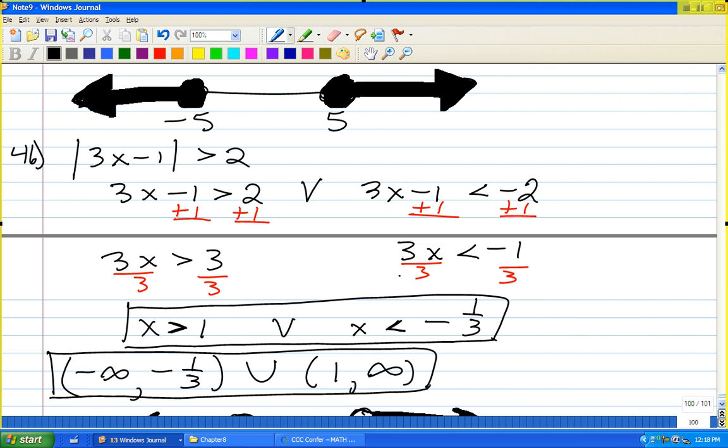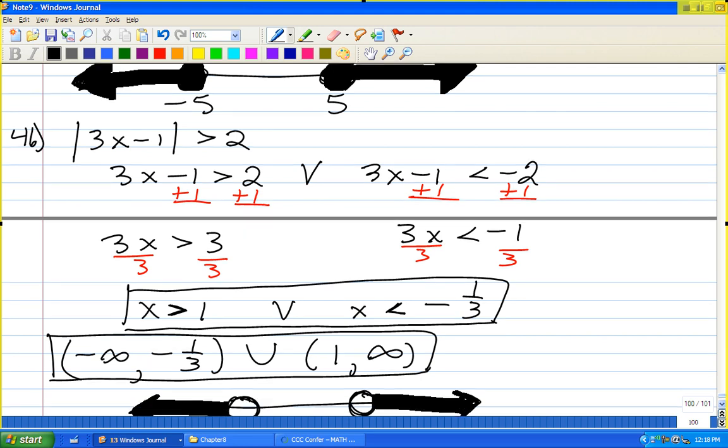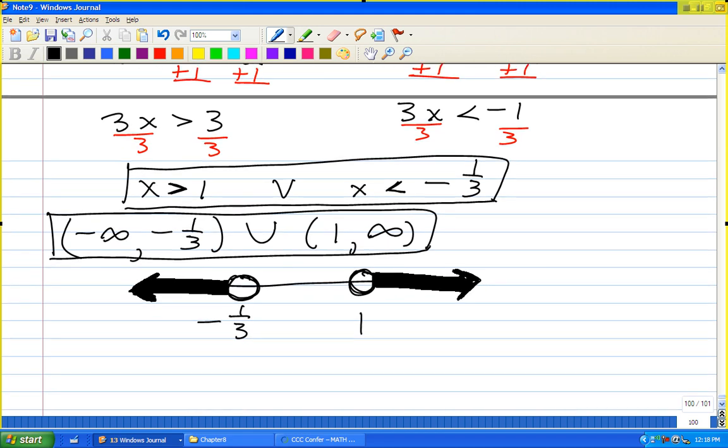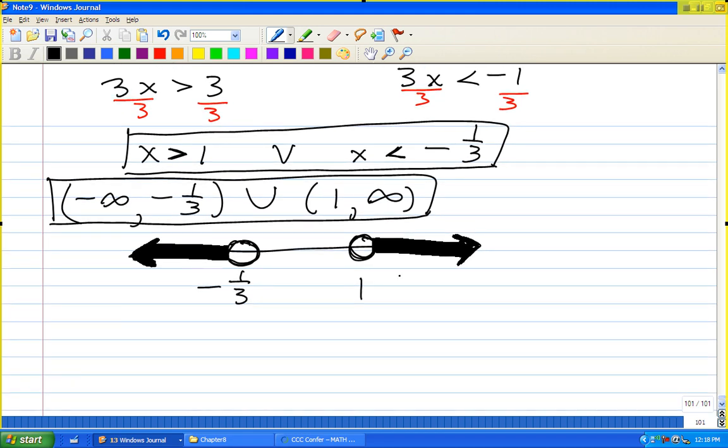That was 46. Let me do problem number 48. Absolute value of 5x plus 7 greater than 0.